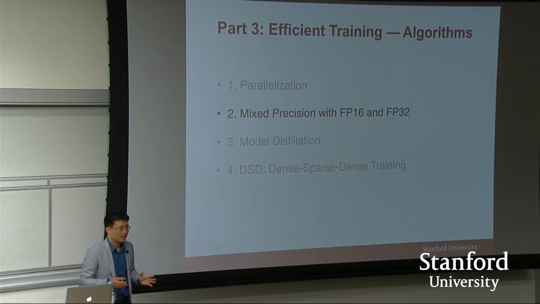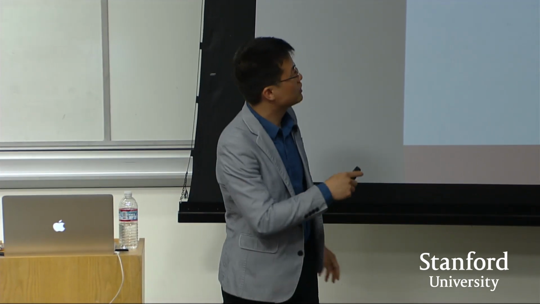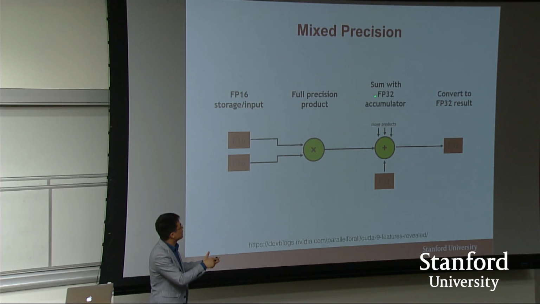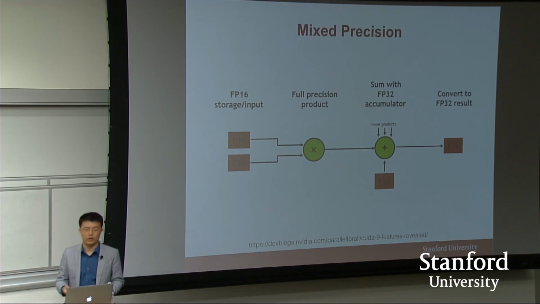It turned out we can do that partially. By partially, I mean we need FP32 in some places. And where are those places? We can do the multiplication with 16-bit inputs, and then we have to do the summation in 32-bit accumulation, and then convert the result to 32-bit to store the weight. So that's where the mixed precision comes from.